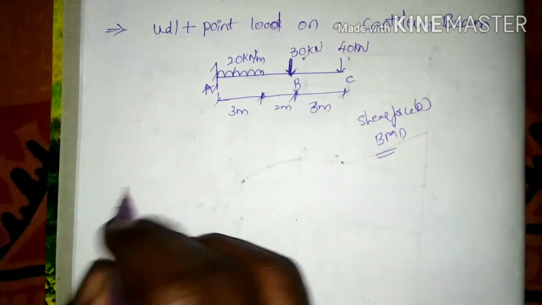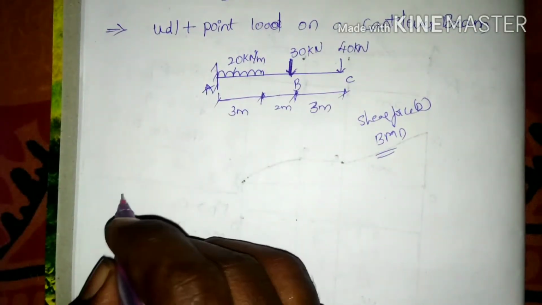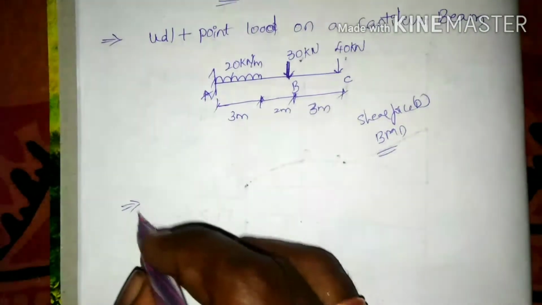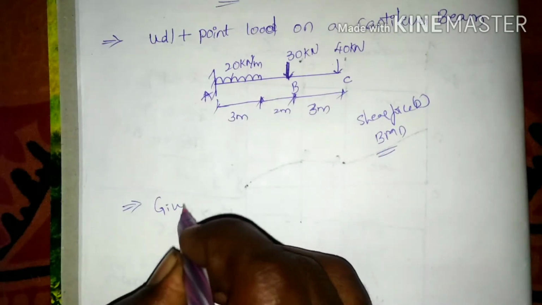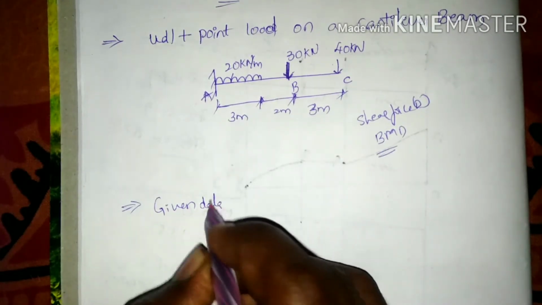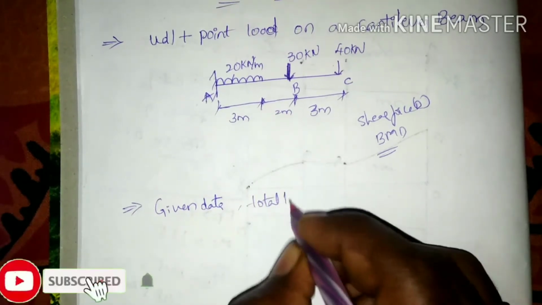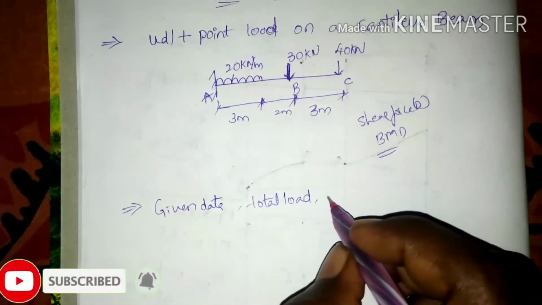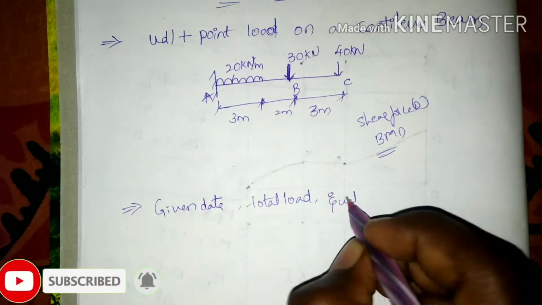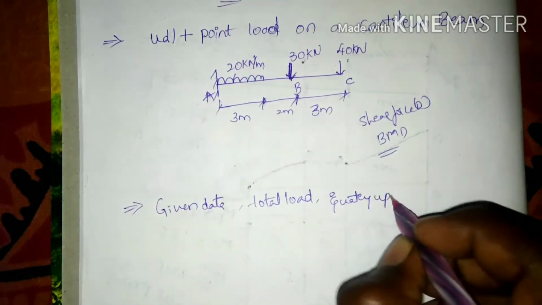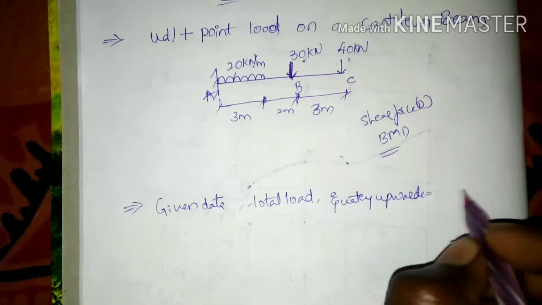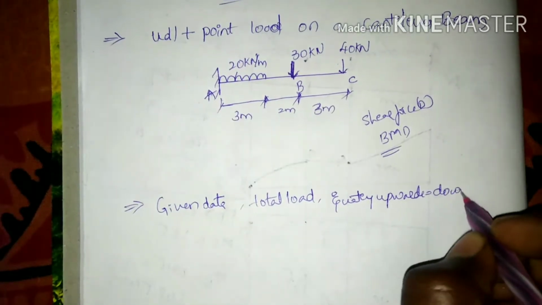Here, according to our 5-step method, that is, first, given data. Number 2, total load on beam. Number 3, equating upward reactions is equal to downward forces.